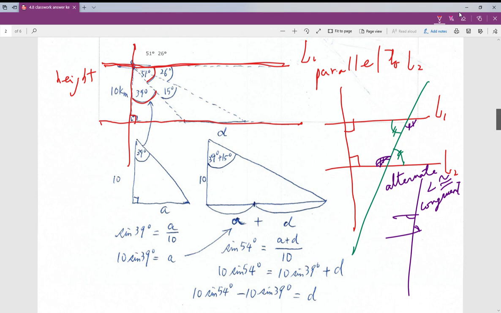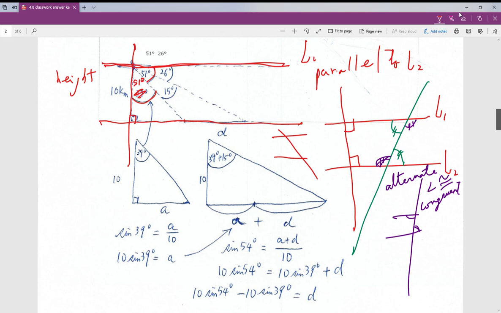Why did I make a mistake here? 19. Oh, sorry. This is 51 degrees, right? 51 degrees. Okay.